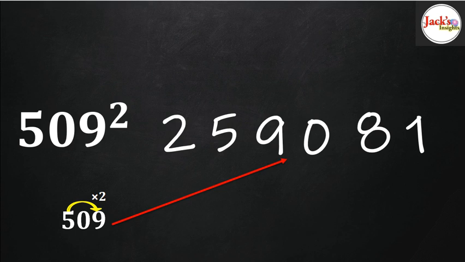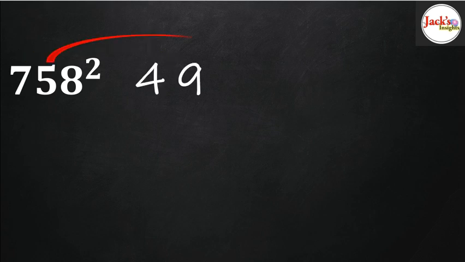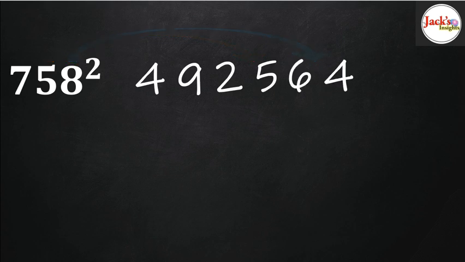For example, the square of 758. Just like this one, the square of 7 is 49. The square of 5 is 25, and the square of 8 is 64.